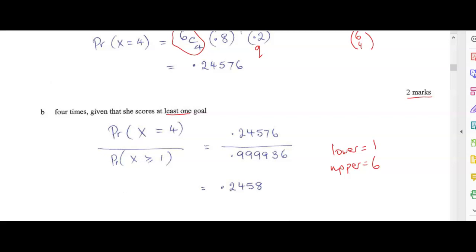So when you put it into your calculator, just writing down the lower and upper will mean you won't accidentally put in the incorrect value, especially if it was more than 1 goal. That would change your inequality sign to just greater than, and your lower limit would then be 2. Okay, so just be careful with that sort of language.